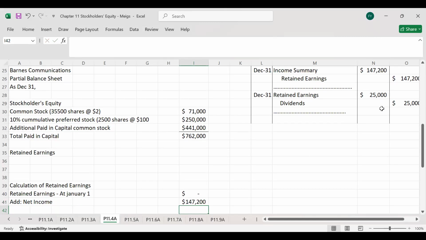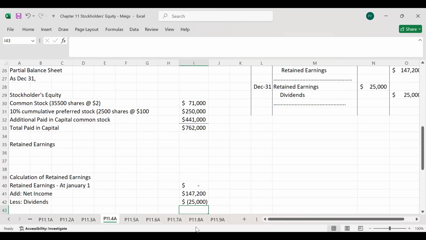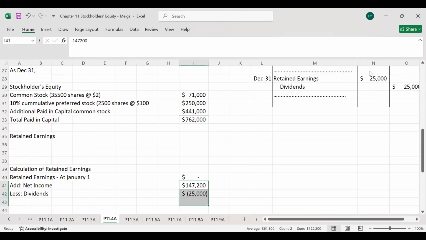And then we also close dividends. So we will deduct dividends from the retained earnings, which is, you can see 25,000, so minus 25,000. So what will be our closing balance of retained earning?